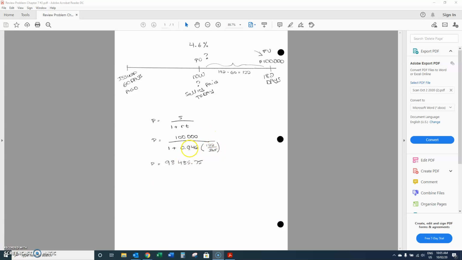So you would hit 0.046 times, hit your left parentheses, 122 divided by 365, then hit your right parentheses, get that answer, add 1, and that would give you your denominator. I would store that in memory, so store 1. Then I'd hit clear.